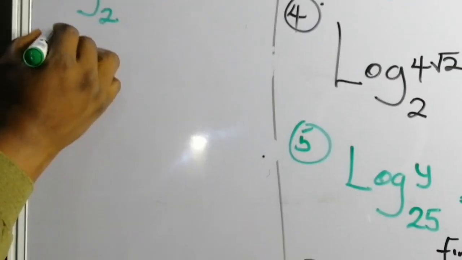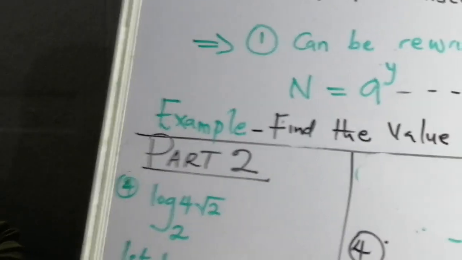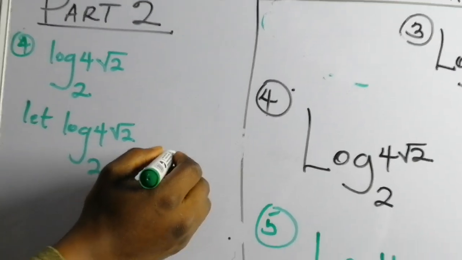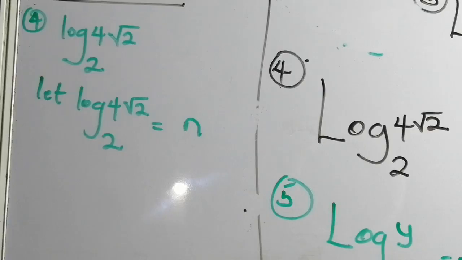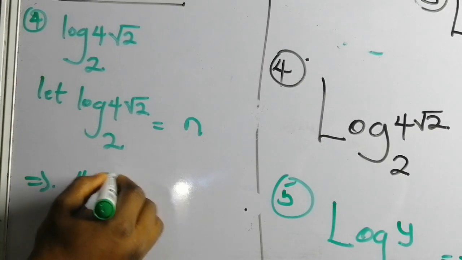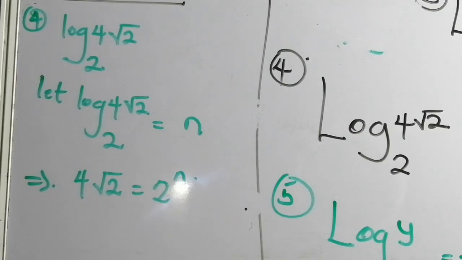Follow the same process. Let log 4 root 2 base 2 equal, let me just say, n. So that implies from equation 2 that 4 root 2 equals 2 raised to power n.